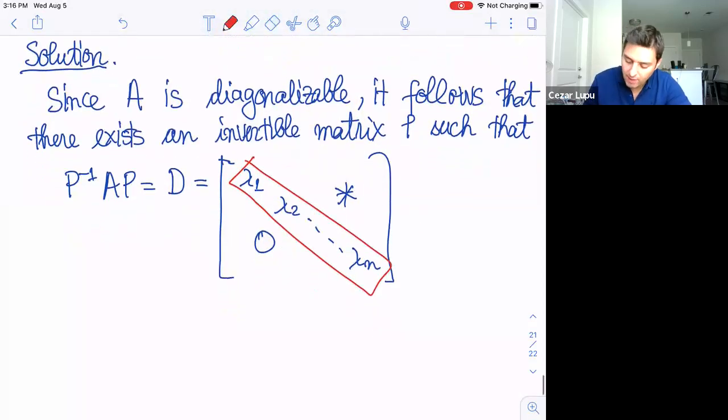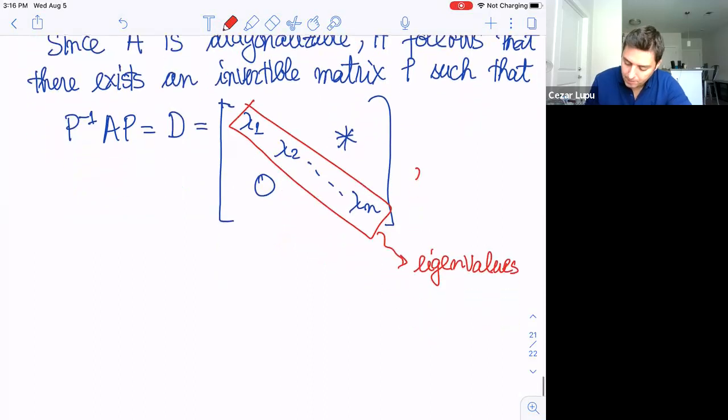But now all of these eigenvalues, the lambda i's, belong to this set, plus or minus 1. So the diagonal entries of this matrix are negative 1, 1.